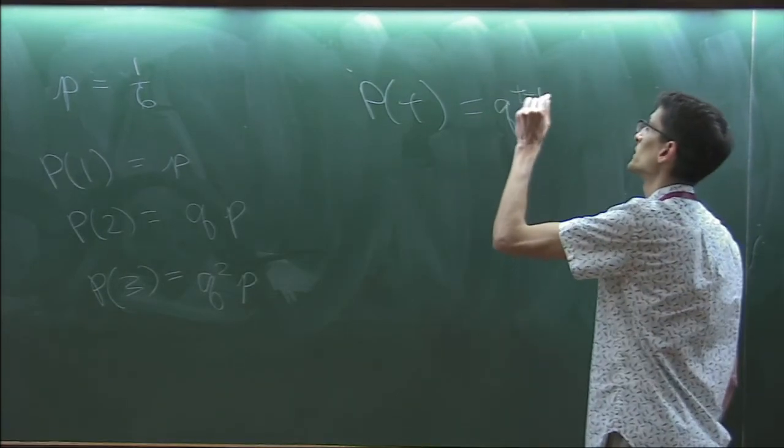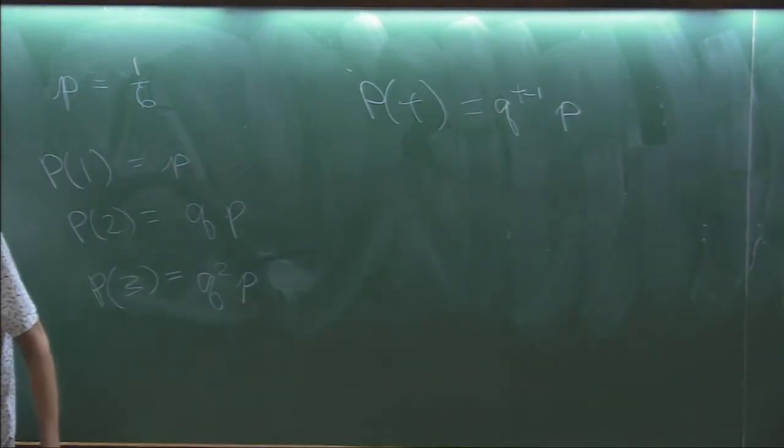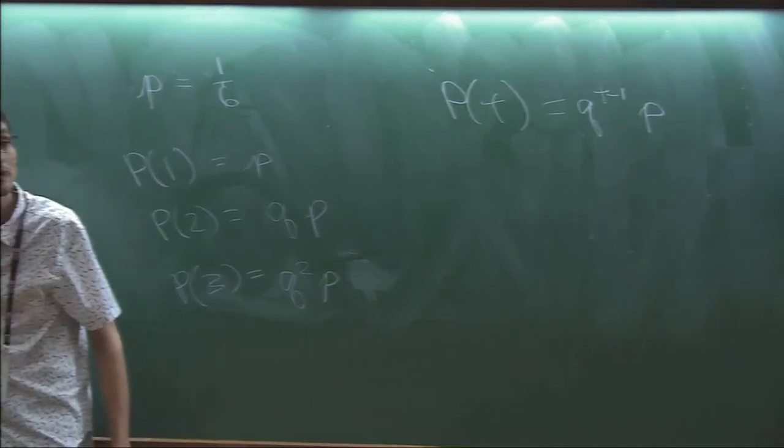T minus 1 times P. Awesome. You've just figured out the probability distribution for one of the classic probability distributions called the geometric distribution. Okay? So I've written that here. This is the geometric probability distribution.